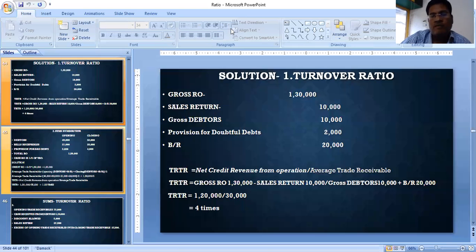Remember students, in current ratio we subtracted provision and took net debtors, as we have not treated debtors as liability in current ratio and quick ratio. But in turnover ratios, you will be taking gross debtors only. So it is 10 plus 20, 30,000. So 4 times. Let's do the next sum.